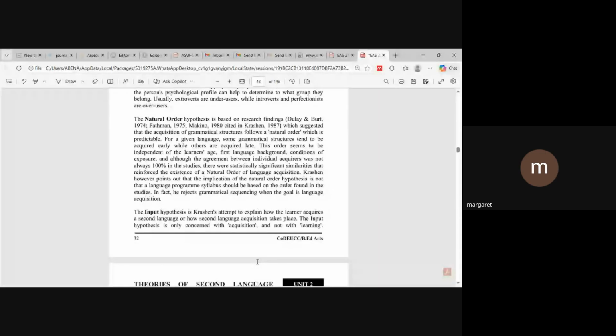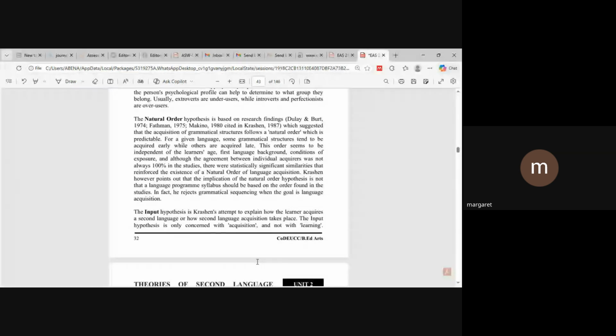And then we went to the natural order hypothesis and we said that language learning occurs in a certain defined order. Okay. And then we went to the input hypothesis where we said that at each order or level in the child's language learning, you have to give the child what we call comprehensible input, in addition to what they already know.